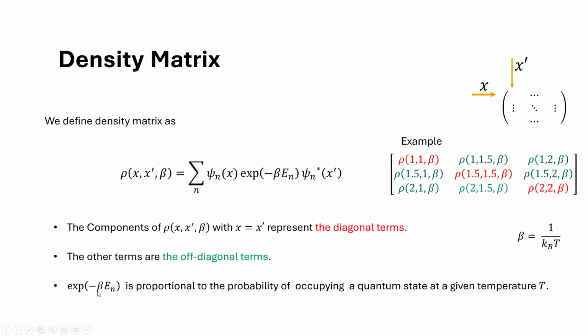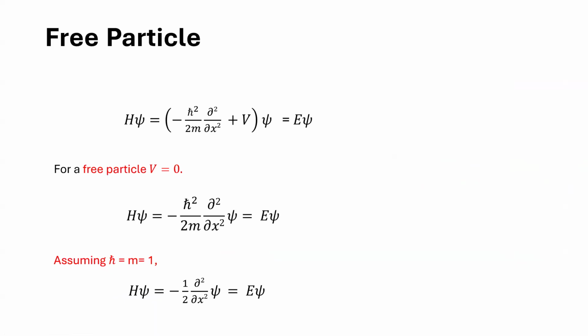And here this exponential of minus beta En is proportional to the probability of occupying the nth quantum state at a given temperature. So we know that beta is equal to 1 over kBT. kB is the Boltzmann constant, and T is the temperature.